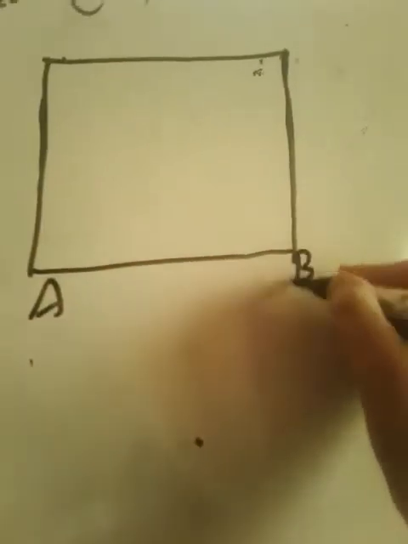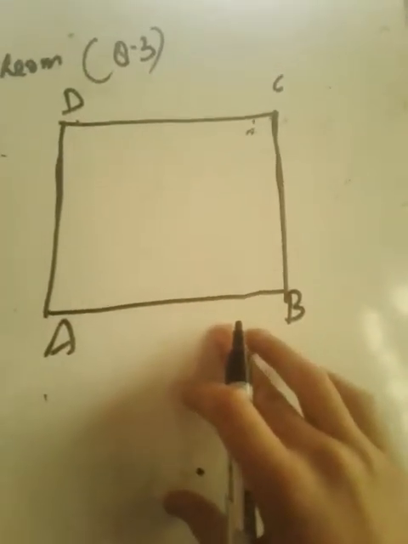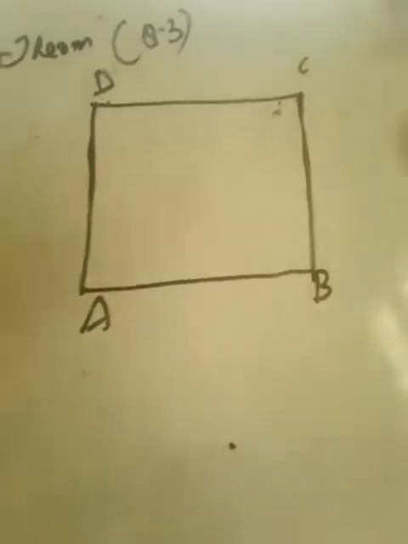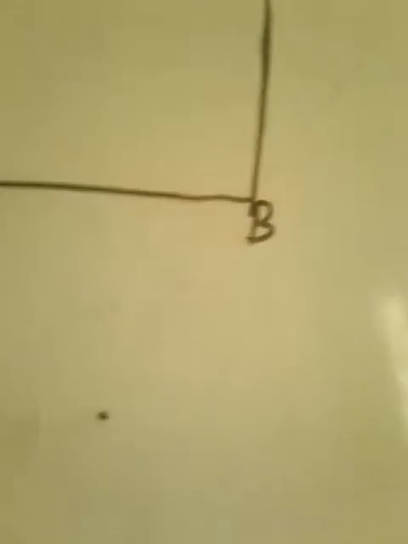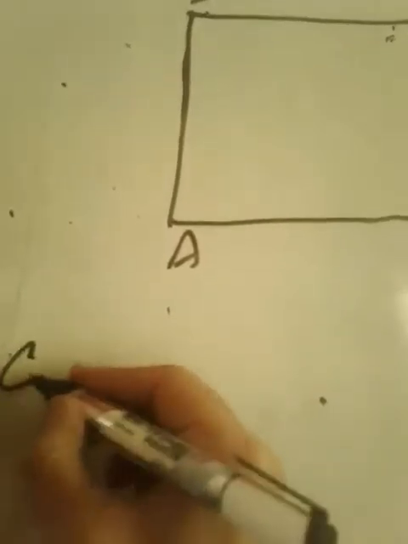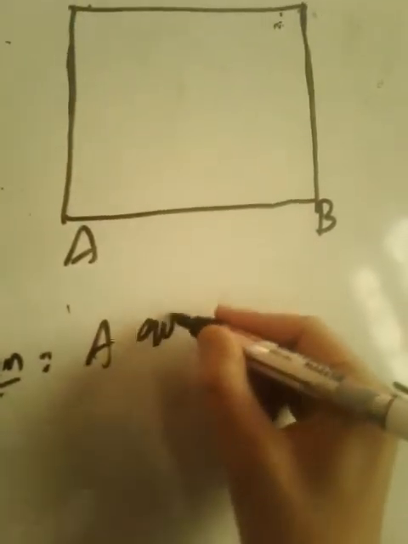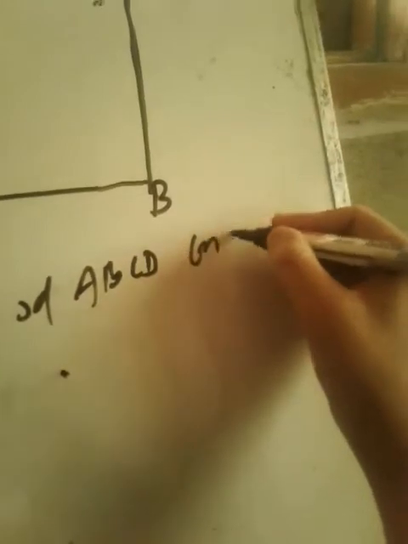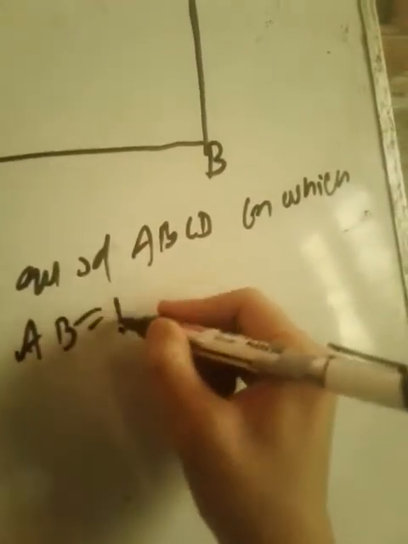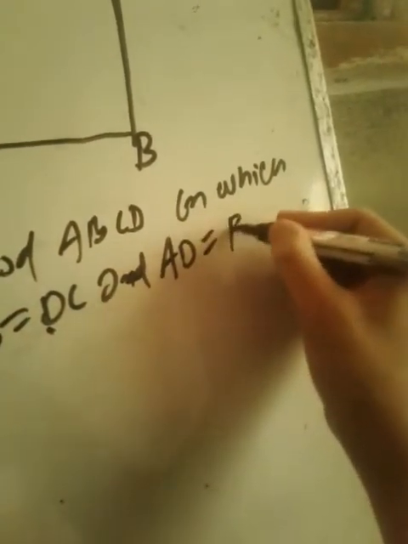A, B, C, D. Suppose this is a quadrilateral, not a parallelogram, and we are given that AB is equal to DC, AD is equal to BC. Now we will write the given as usual. Given: a quadrilateral ABCD in which AB equals DC and AD equals BC.